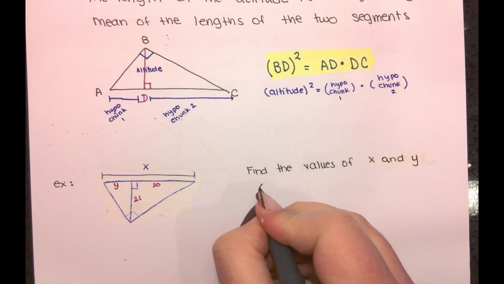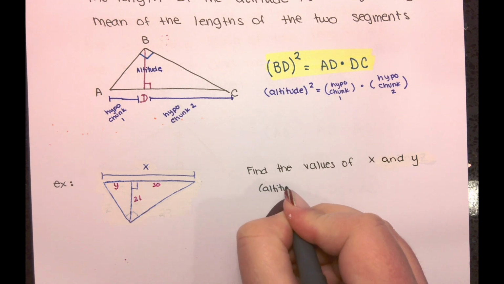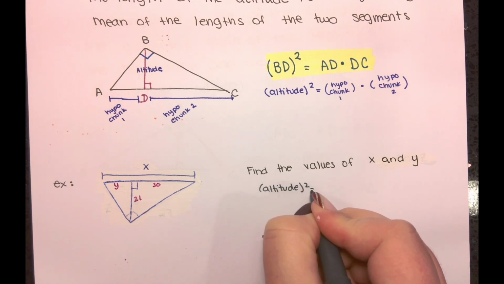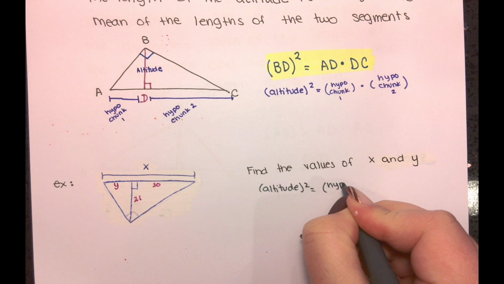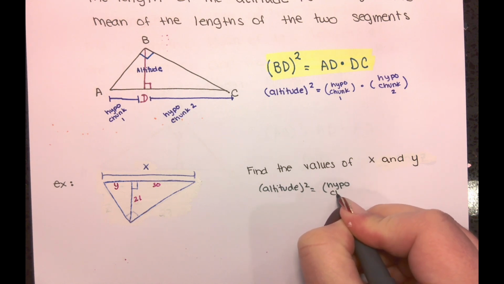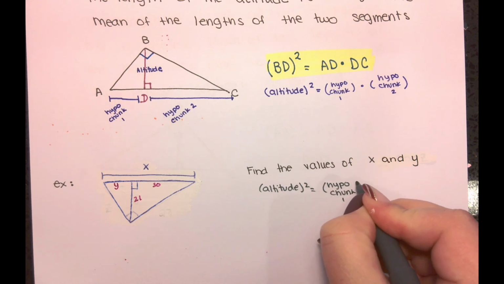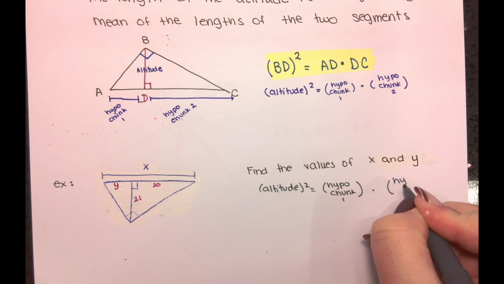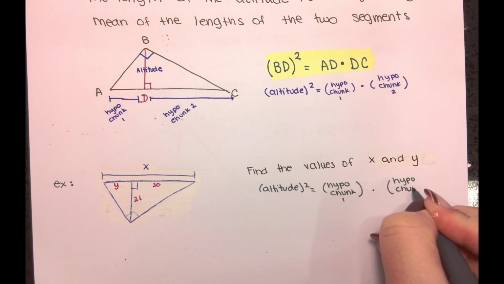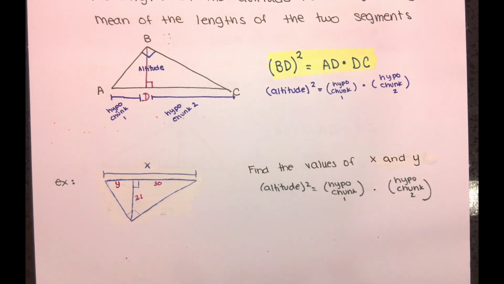We want the altitude squared is equal to the hypotenuse, chunk 1, times the hypotenuse, chunk 2. Now let's actually do this mathematically with our lettering.